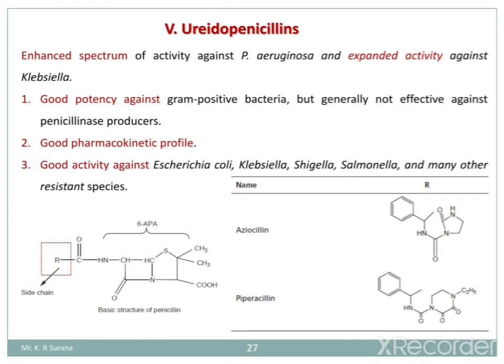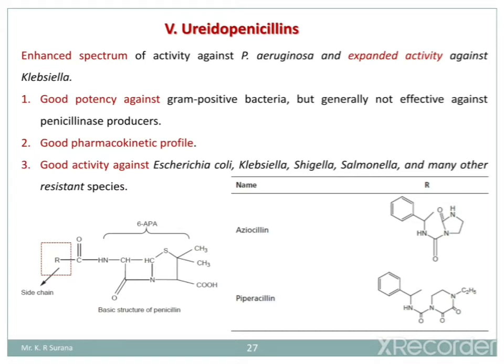A piperazine ring will be there; at second and third position there is C double bond O, meaning ketonic groups. At the first nitrogen there is C2H5, and the second nitrogen is linked by a urea linkage with your benzene ring. This is the substituent in case of piperacillin.